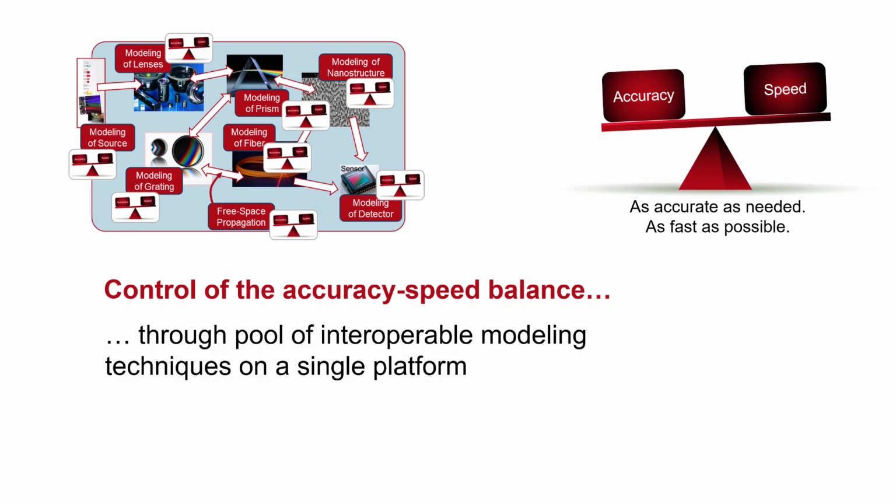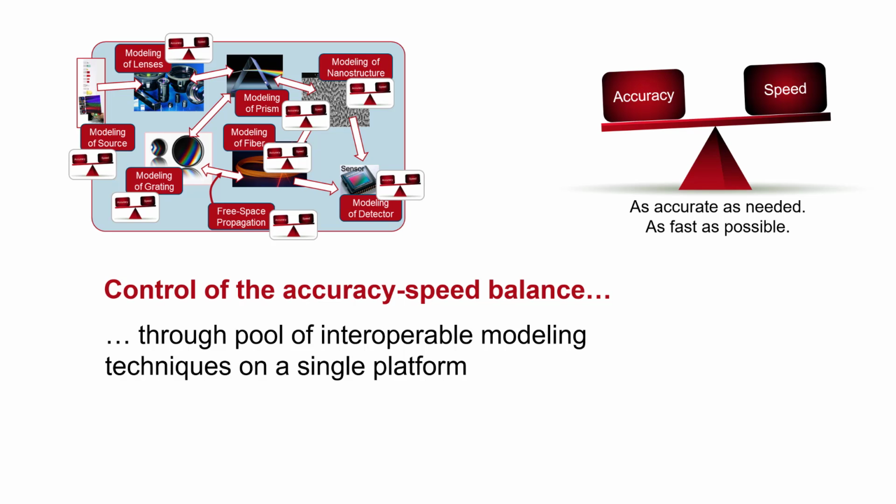The fact that this interoperability is done on a single platform is quite relevant, both in terms of the seamlessness that it lends to the process, but also because it prevents loss of information by changing from one mathematical model of the light to another.